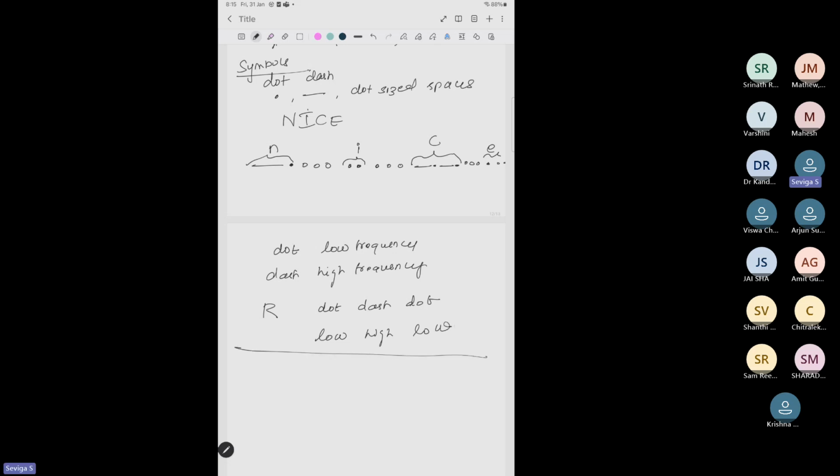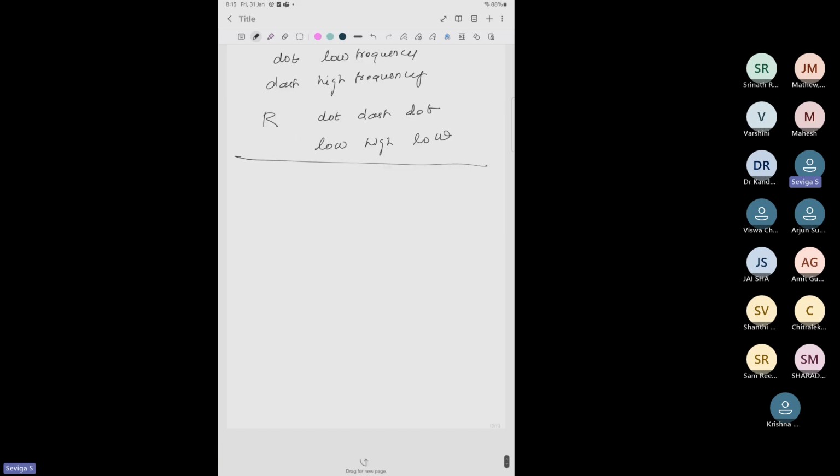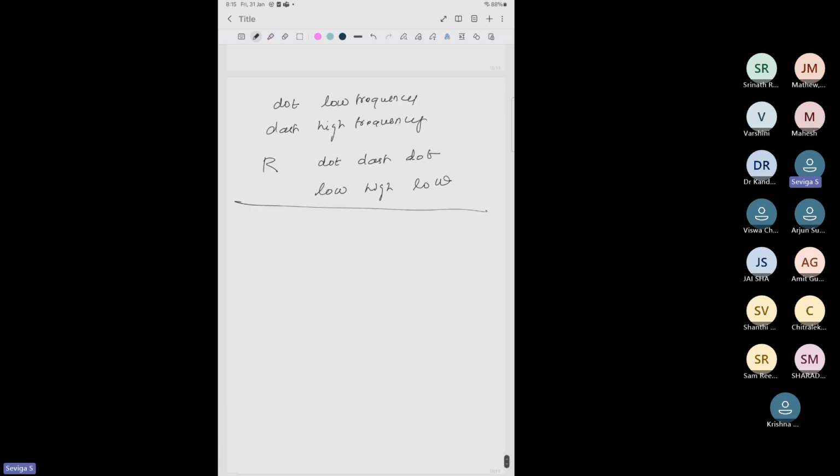We can send it in this way also. There is also one more way where all the alphabets will have the same number of symbols. That is also possible, but this is interesting to learn. This is not about deep learning, but it is interesting to learn how they framed the Morse code.